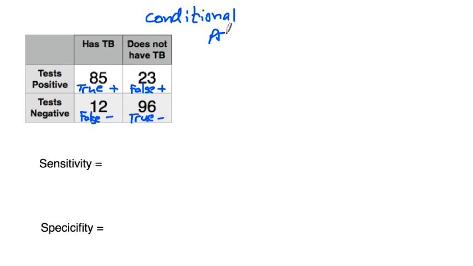You're only looking at the people that actually have TB, so you're subgrouping it away from the entire population. We're looking at the subgroup of people that already have tuberculosis and the percentage of them that test positive.